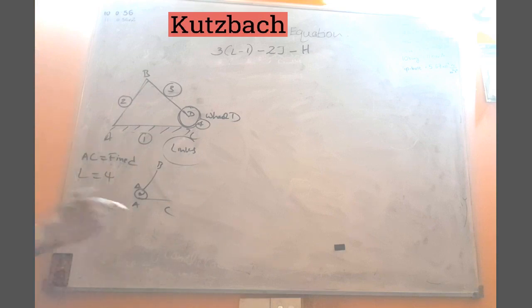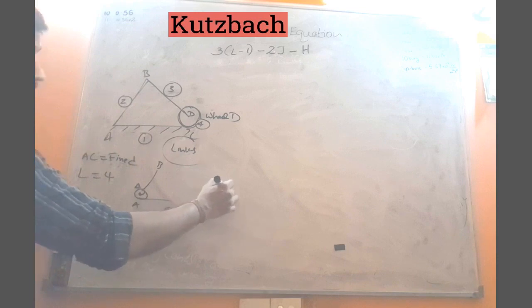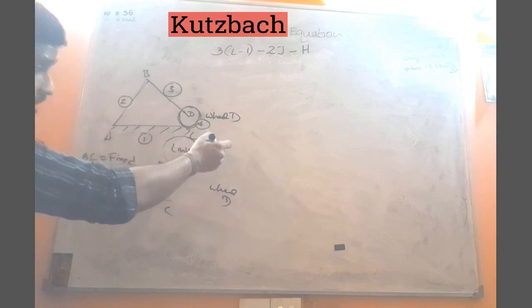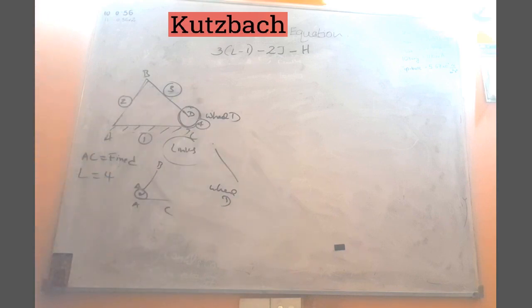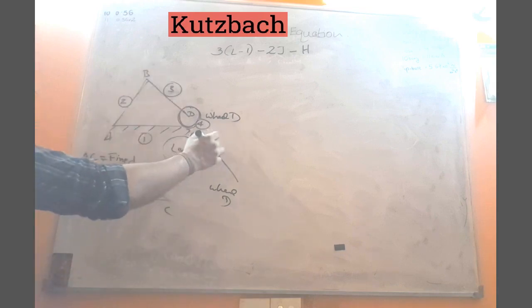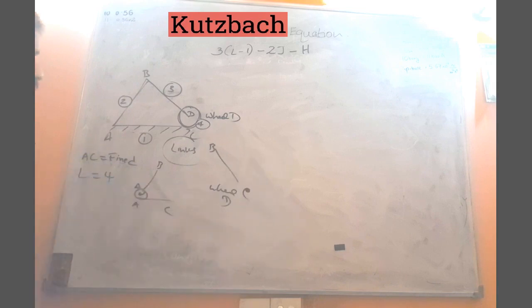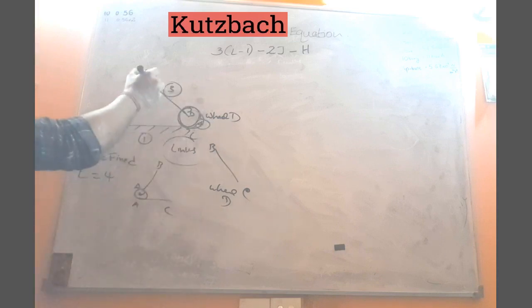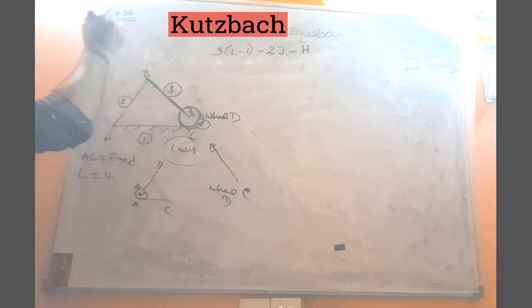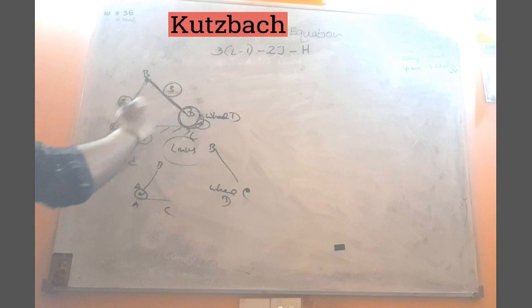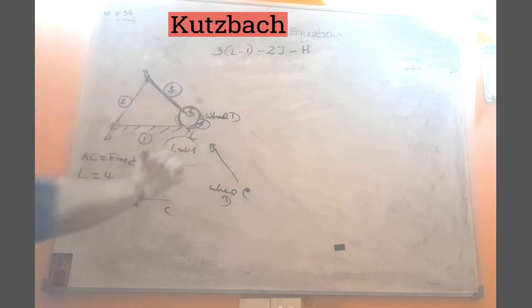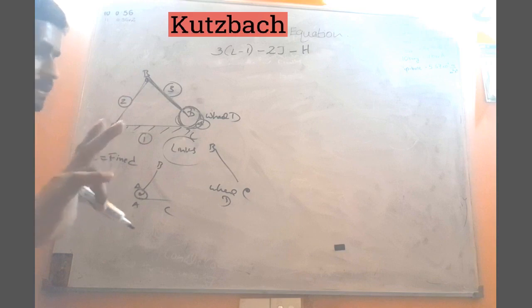Then the joint that connects the wheel D with the link BC, the third joint. So how many joints? Three joints.